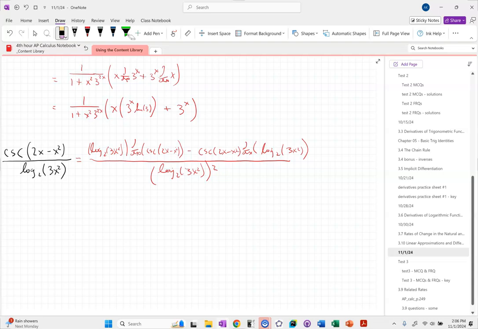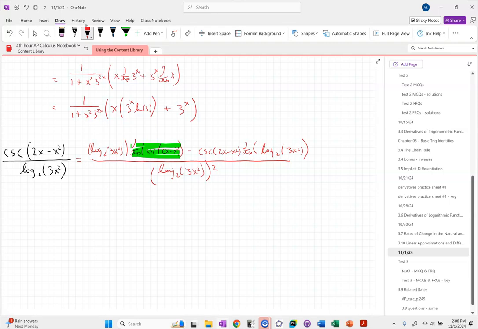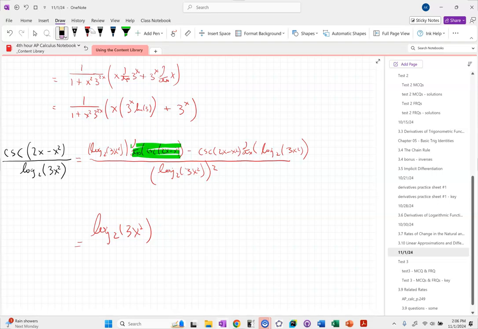Everybody's okay? All right, so if I look at the first derivative remaining, how do I do the derivative of cosecant 2x minus x squared? Chain rule. So the outer function is, okay, what's the derivative of cosecant? That's for cosecant inverse.